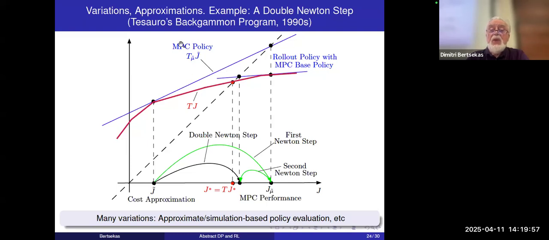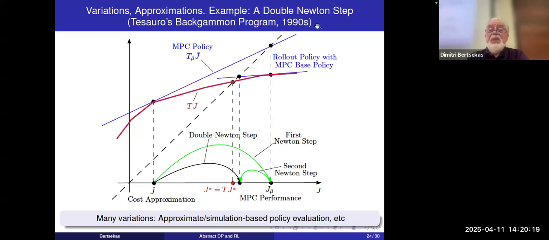Think of having an initial policy, think of having an initial approximation, calculate a one-step look-ahead policy, and then obtain the rollout policy based on that, and that gives you a second Newton step. So first Newton step, second Newton step, and this is the overall effect of the two steps.